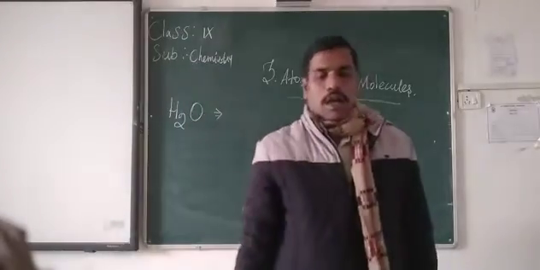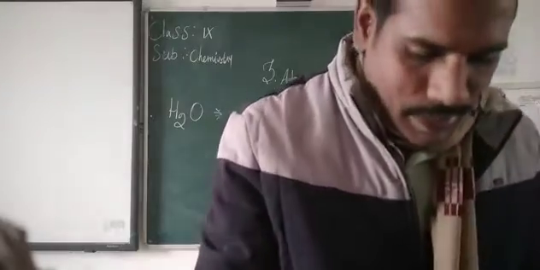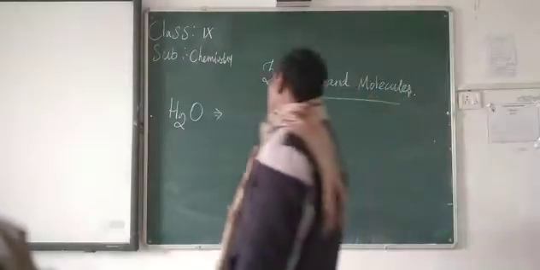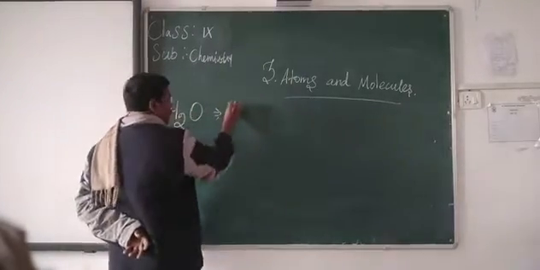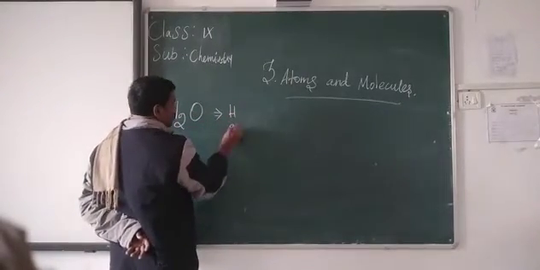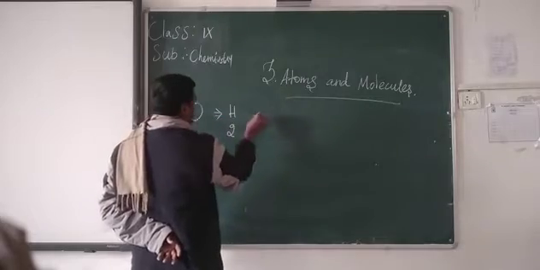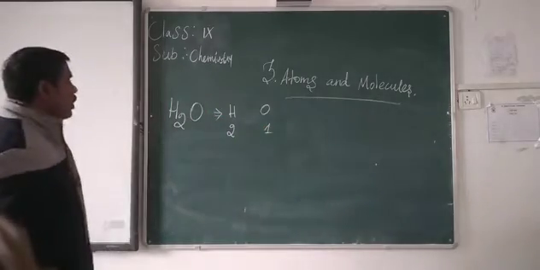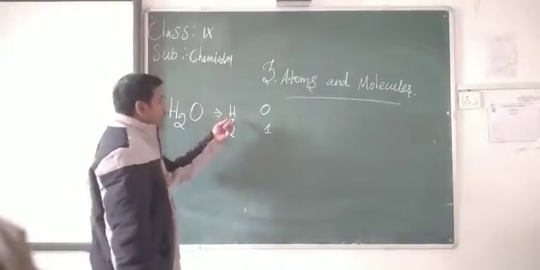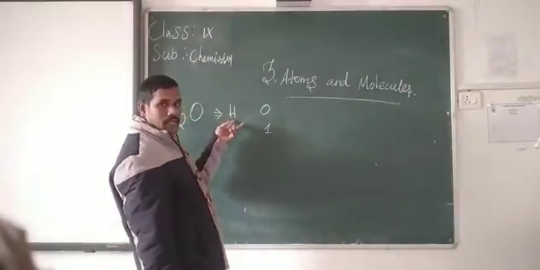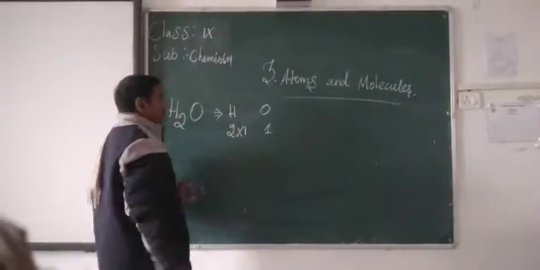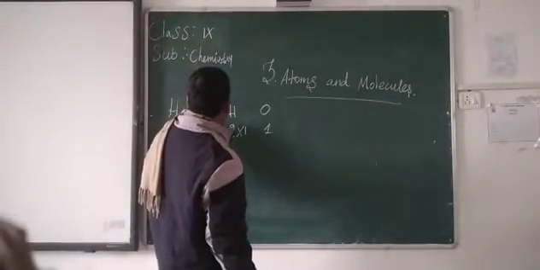In water, how many hydrogen atoms are present? 2. Then oxygen is 1. Now what is the mass number of hydrogen? It is 1. Then what is the mass number of oxygen?